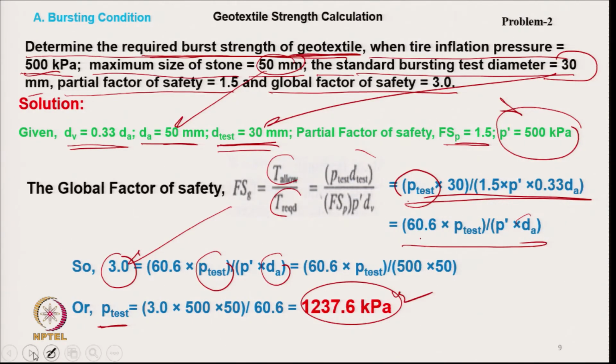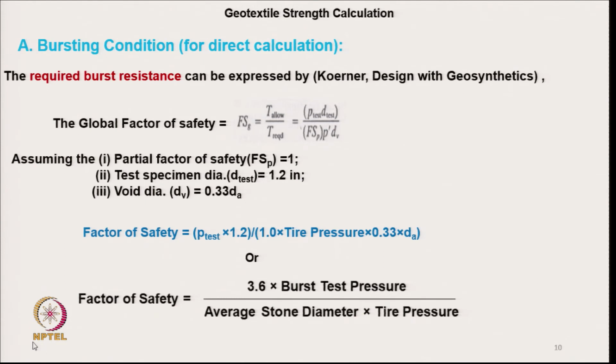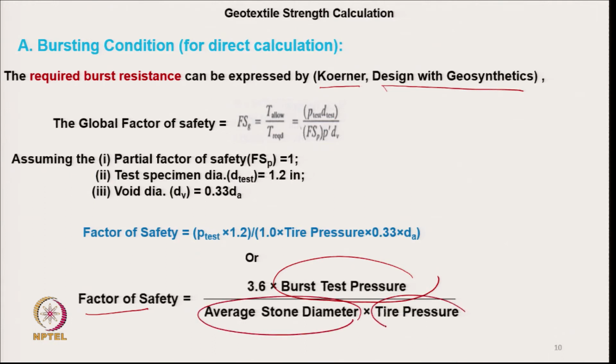Now, coming to the next slide. Koerner, in his book Design with Geosynthetics, has given one simplified formula to calculate the factor of safety, knowing the bursting strength of the geotextile, average stone diameter and tire pressure.